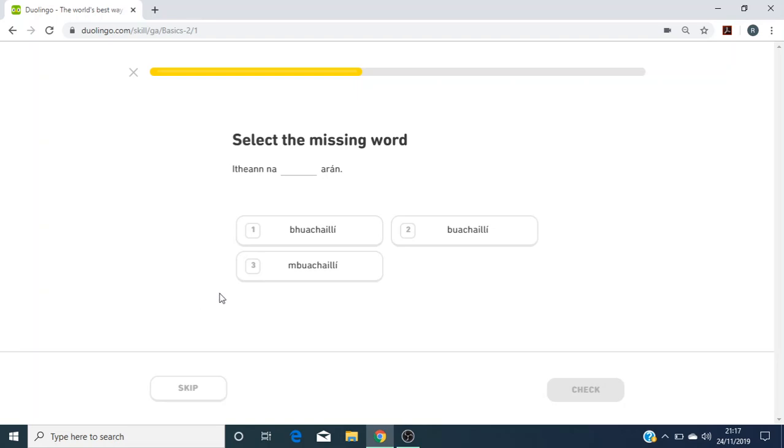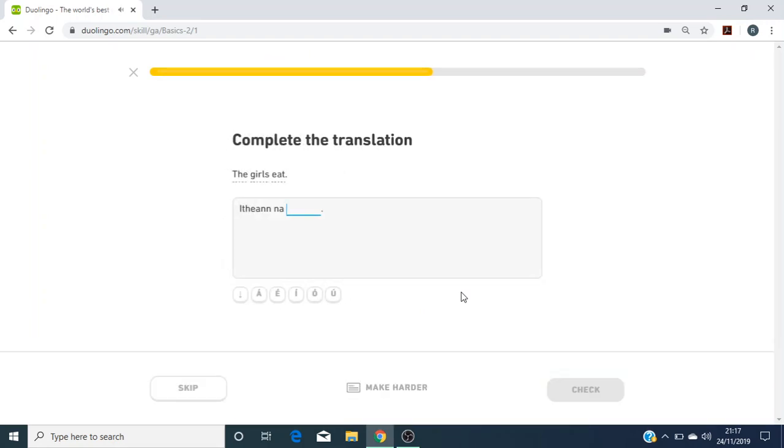So it's the boys that eat bread. Now is it buachaillí or vuachaillí? I think it's buachaillí. I might have that wrong. Oh yes it is. The girls eat.